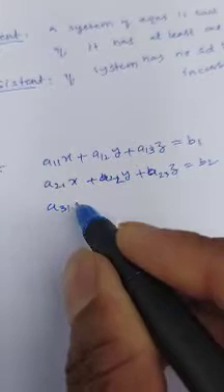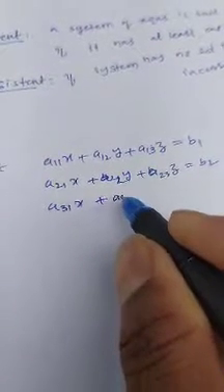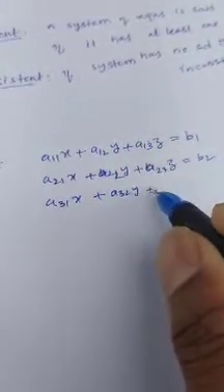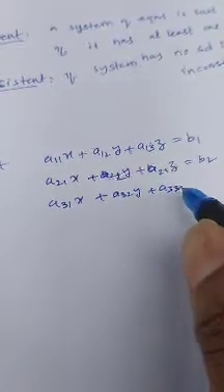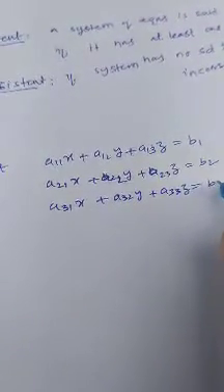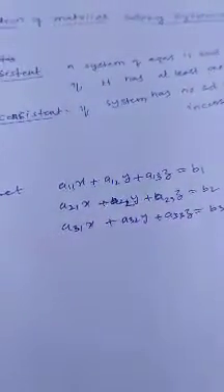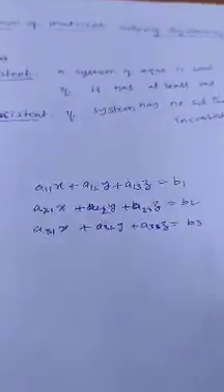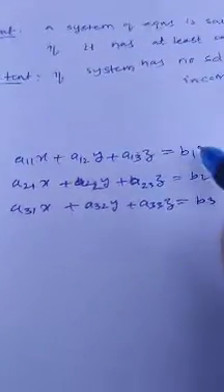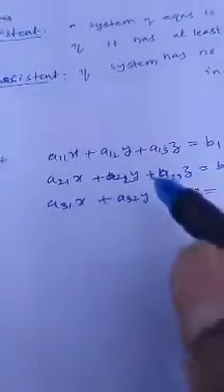Third equation, a31x plus a32y plus a33z is equal to b3. Here I am taking a non-homogeneous system of equations. Non-homogeneous means here b1, b2, b3 are non-zero elements. Okay, this is the system of equations.